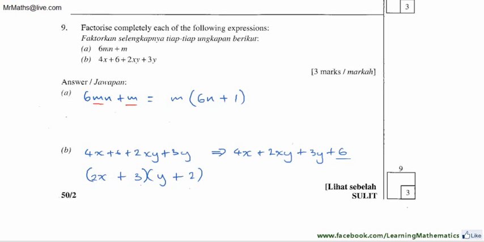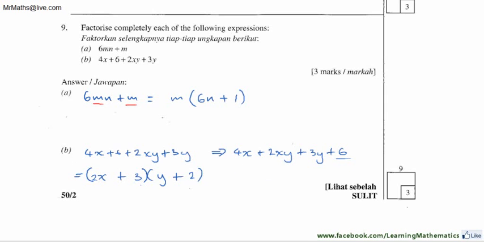And then yes, this is correct. So 2x, you multiply with y, you get 2xy, so that's correct. 2x and 2, you get 4x, correct? And then 3 and y you get 3y, that is also correct. And then 3 and 2, we get 6. So this is the answer.